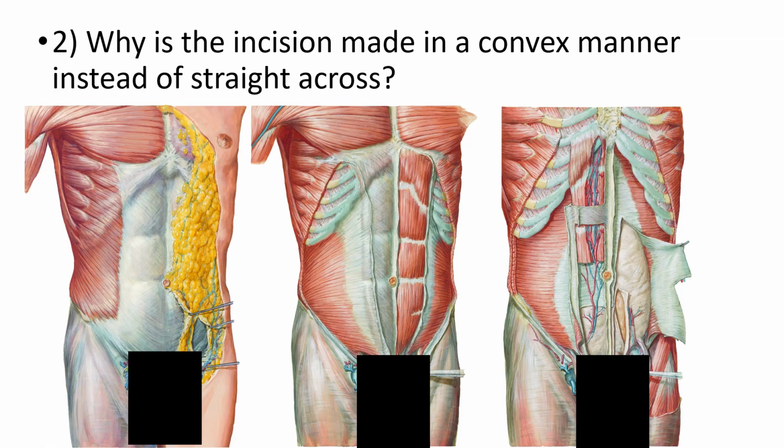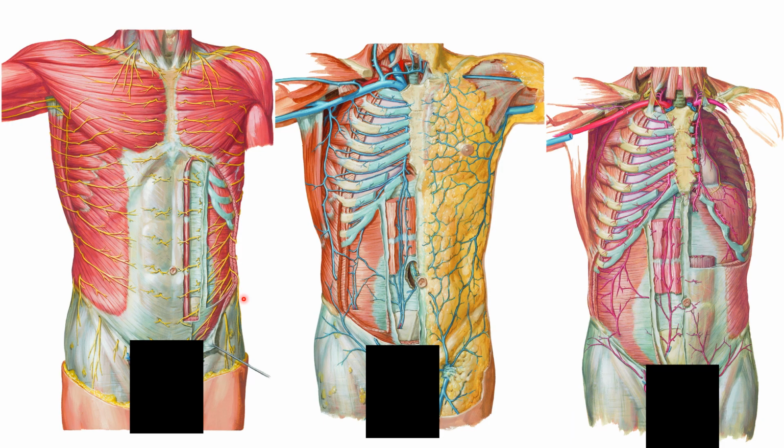What structures can be seen? In the first picture, you can identify the segmental nerves, which run obliquely along with the muscle fibers. If you give a transverse cut, you may cut segmental nerves. Cutting segmental nerves leads to post-operative paralysis of the abdominal wall muscles. And also you may cut the important blood vessels in the abdomen.